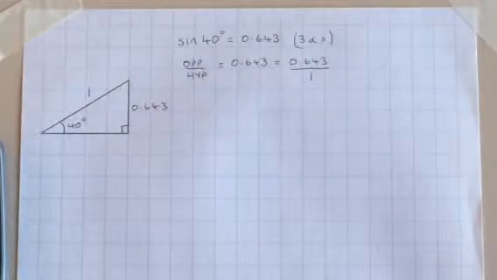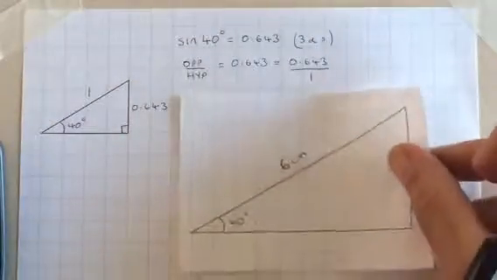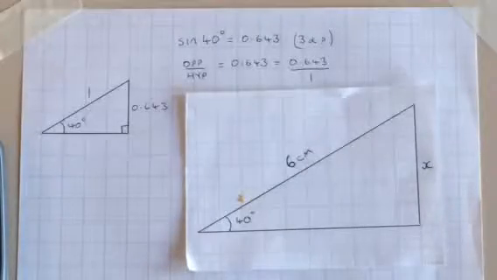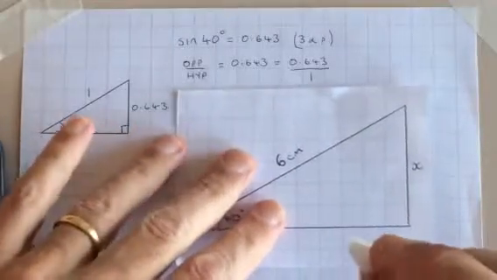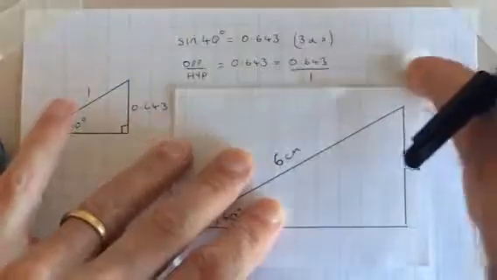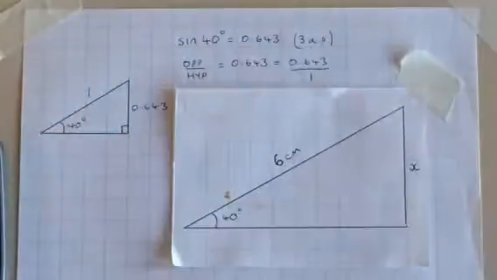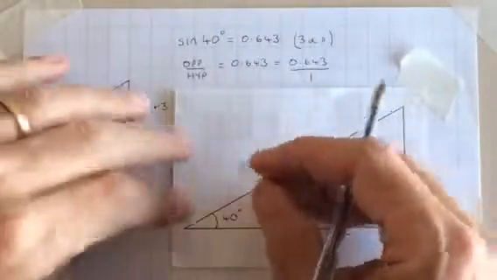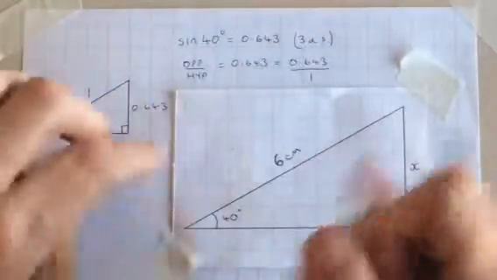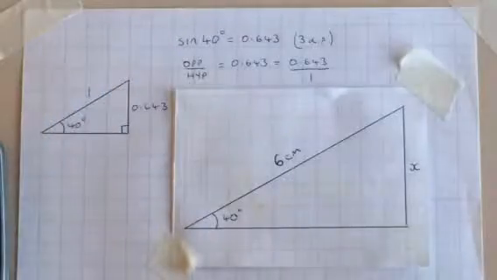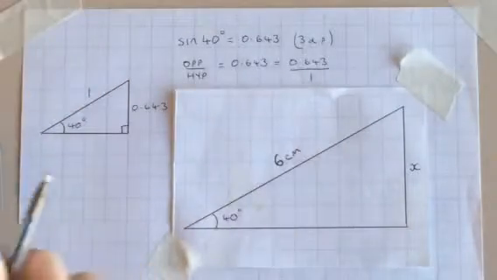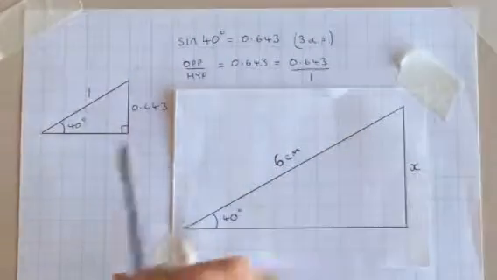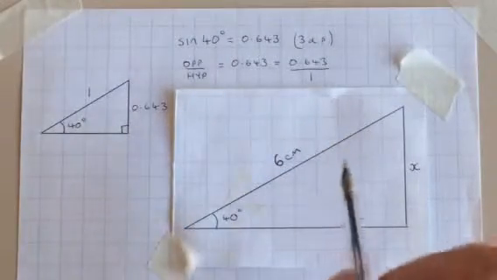Now let's suppose we've got this triangle here. This triangle has 40 degrees again.